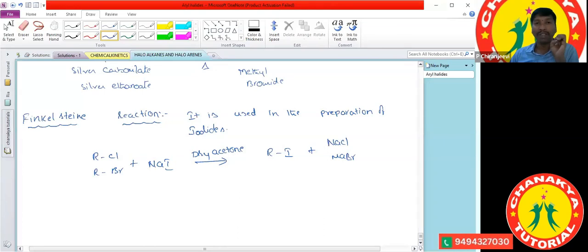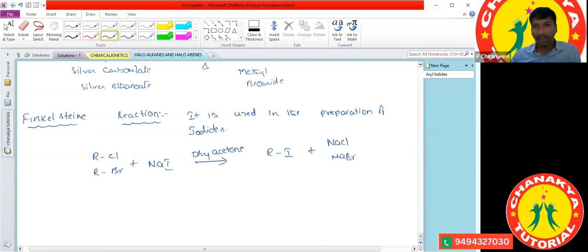That's why this method is useful to prepare only iodides. Sodium chloride and sodium bromide form a solid salt with the dry acetone.